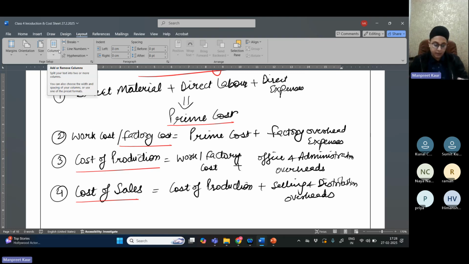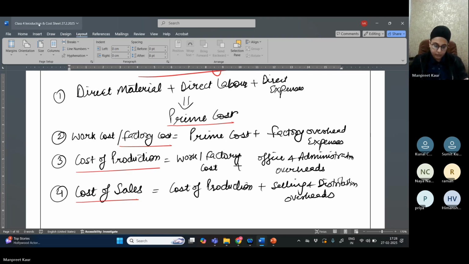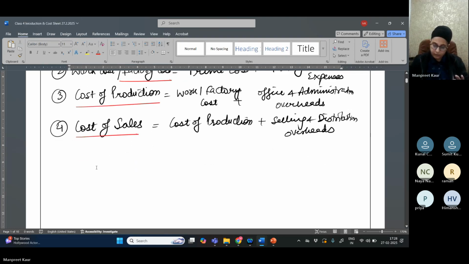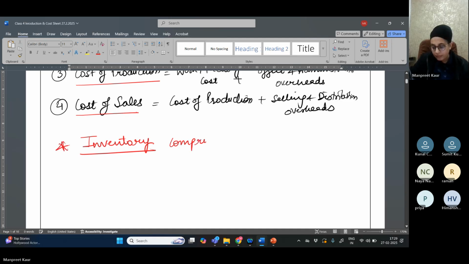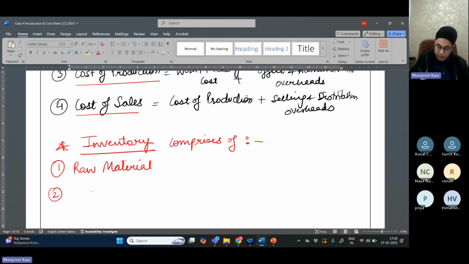Next, we will see about the inventory. What does inventory comprise of? Inventory comprises of, first, raw material, second, WIP, that is work in progress, and third, finished goods.